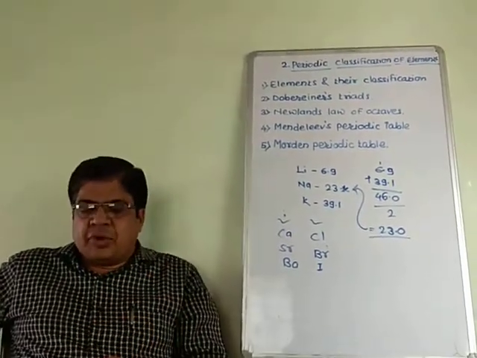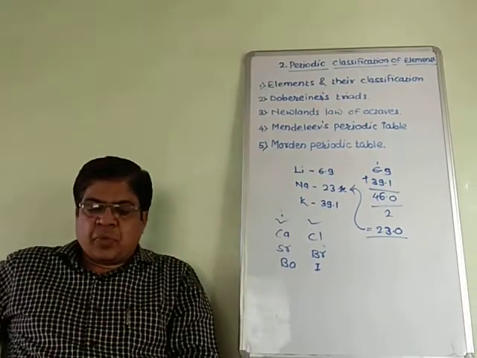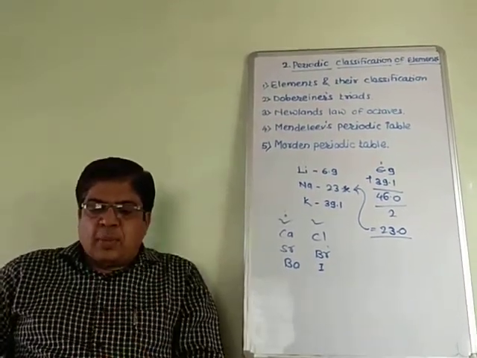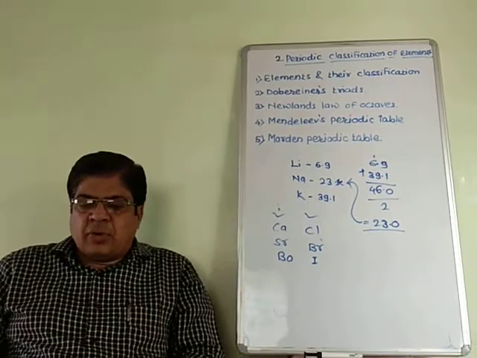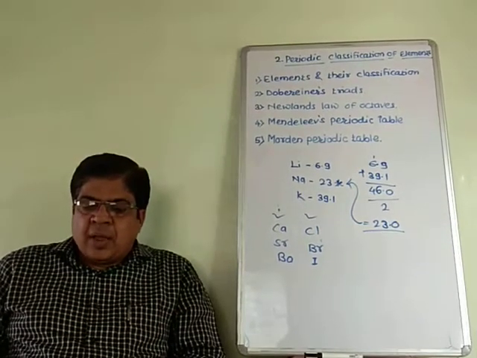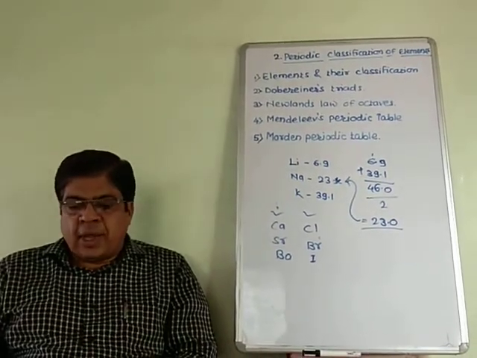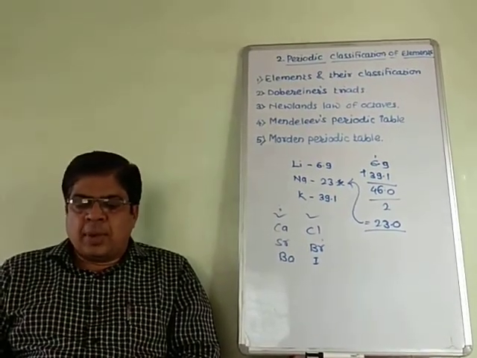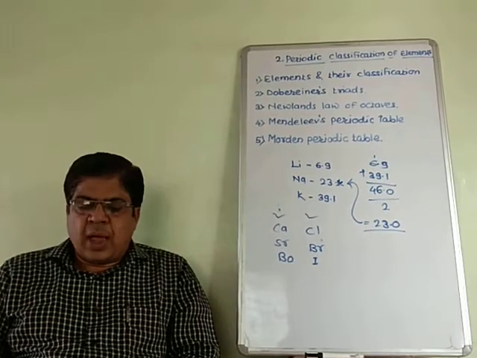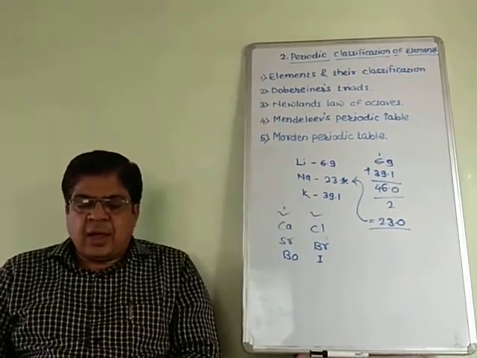There is a gradation in the properties of elements. The elements with the same number of shells occupied by electrons belong to the same period. The elements in the second period, namely lithium, beryllium, boron, carbon, nitrogen, oxygen, have K and L electronic shells.